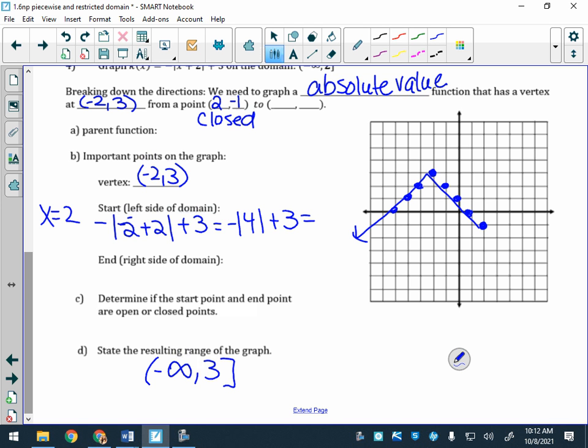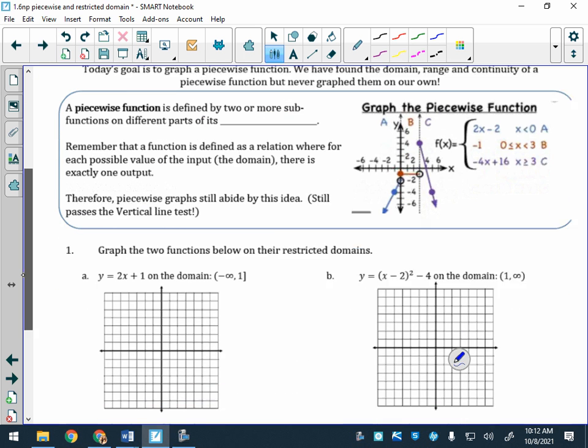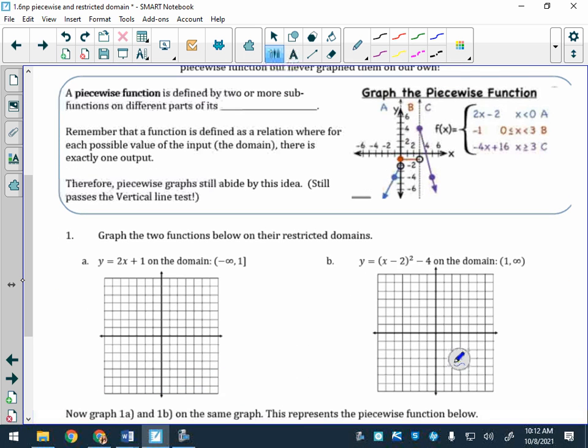Okay? So, the last thing I am going to show you today, turn to, I think it's page 5. So this one here, in this box. You guys are going to graph 2 individual functions, but we're really going to get into this next class.